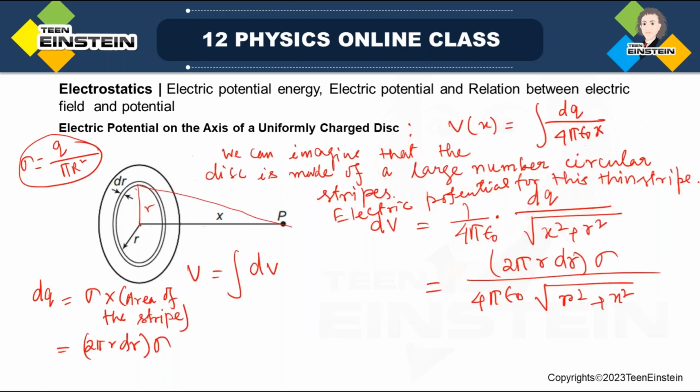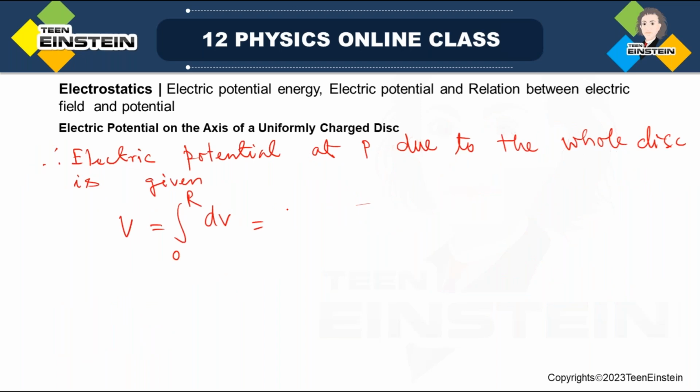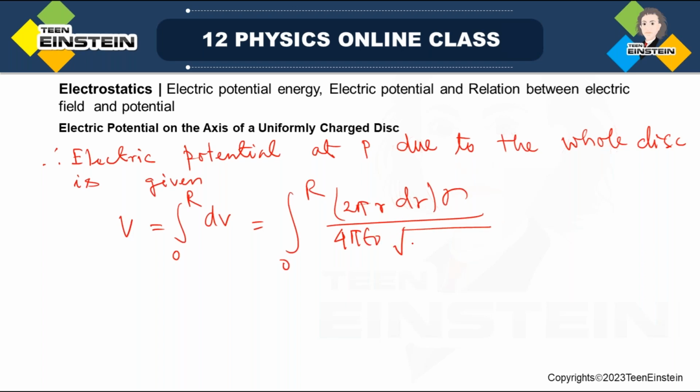If we write the dV, then it will be clear to us: integration 0 to R, 2 pi small r dr sigma, divided by 4 pi epsilon naught into the square root of r square plus x square.